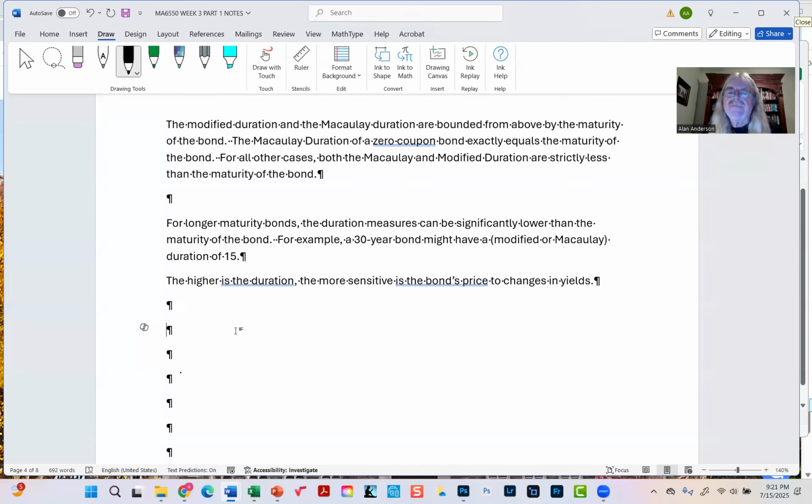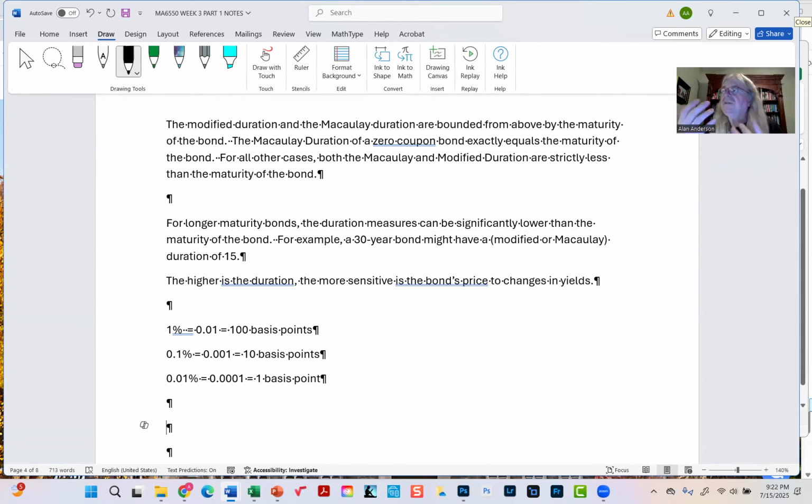So 1%, which is decimally equivalent to 0.01, is equivalent to 100 basis points. 0.1%, which is 0.001, is 10 basis points, and 0.01%, 0.0001, is 1 basis point.